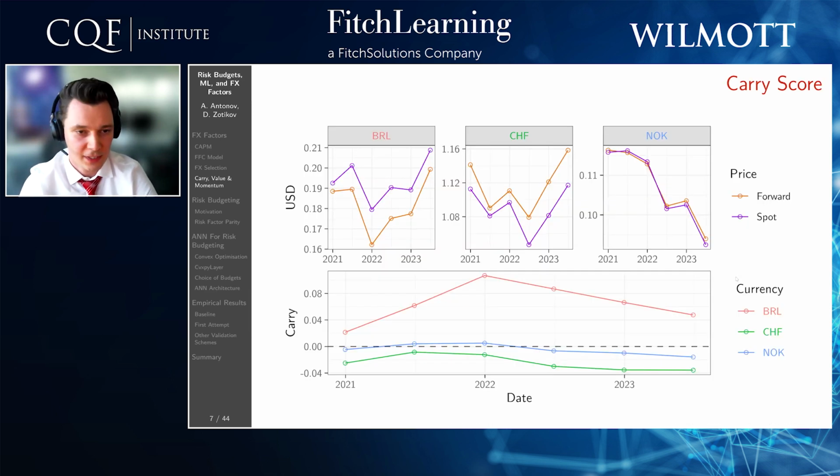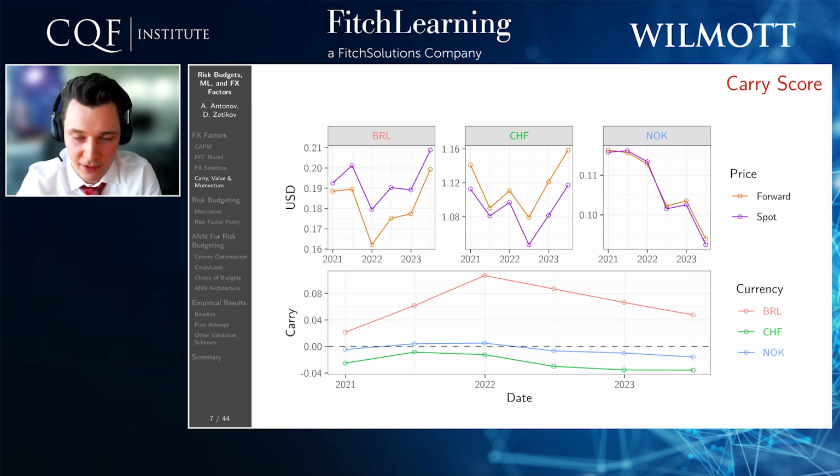Okay, to illustrate that notion, some pictures related to the carry score. We have three different curves, and the first would be for the Brazilian real. And here we see that the spot is consistently higher than the forward, which translates into a positive carry, which in futures terms is called backwardation.